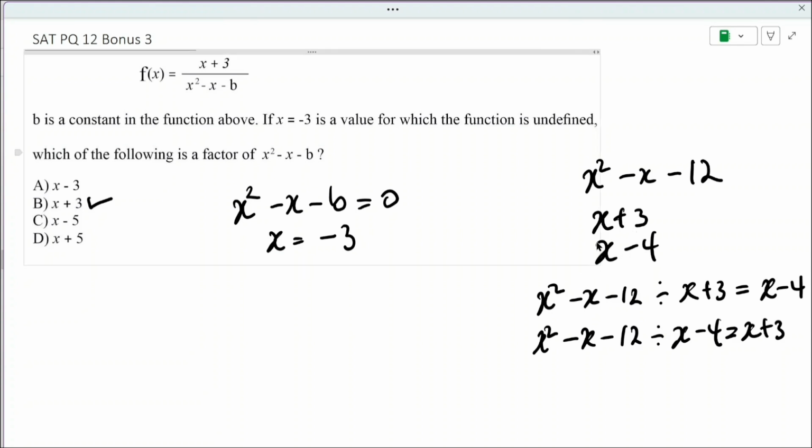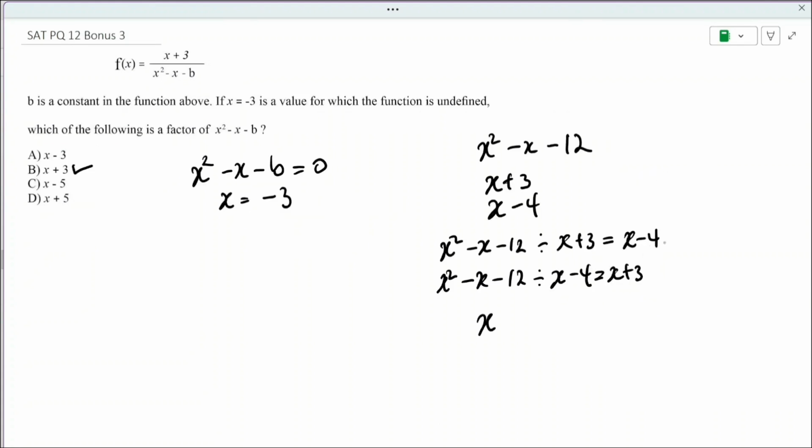First, you take the factor and equate it to 0. You can use x plus 3, you can use x minus 4. Let's use x minus 4 in this case. We used x plus 3 in the first method. You take x minus 4 and we equate it to 0. You find the value for x. x equals, you add 4 to both sides.